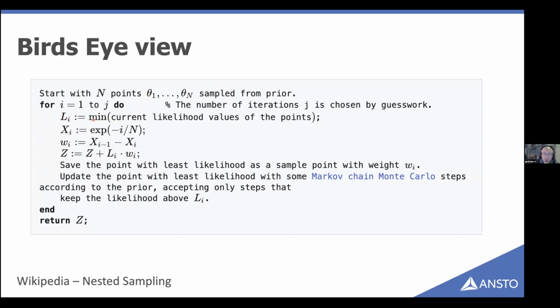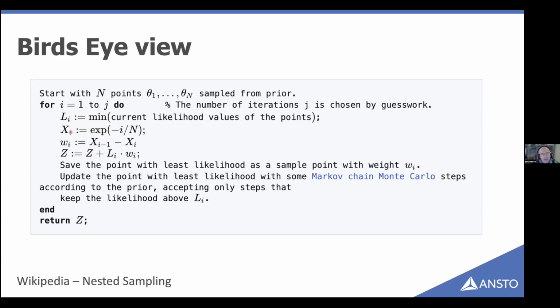You find the one with the lowest likelihood, so that would be the highest chi-squared, the lowest log likelihood, depicted with a capital L here. You're trying to find the parameter vector with the lowest likelihood.